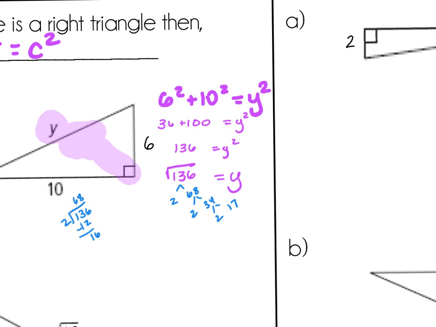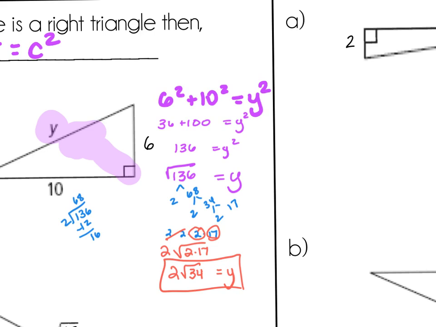So 136 is the same thing as 2 times 2 times 2 times 17. How many of the number do you bring to the outside? If there's 2 of a number, I bring 1 of that number to the outside. These don't have a match, so they stay underneath. And I get 2 square root 34. Everybody good on that one?